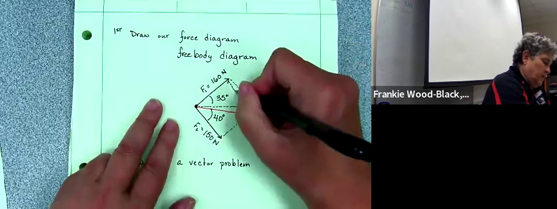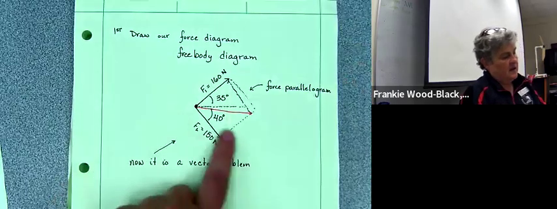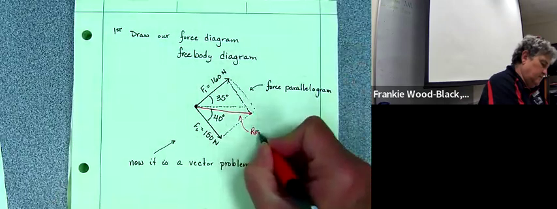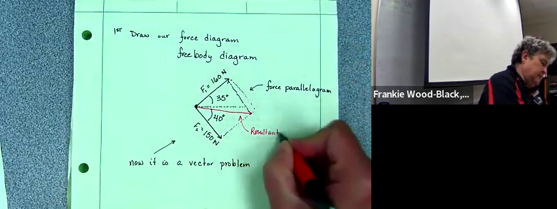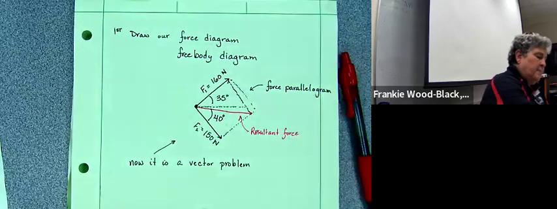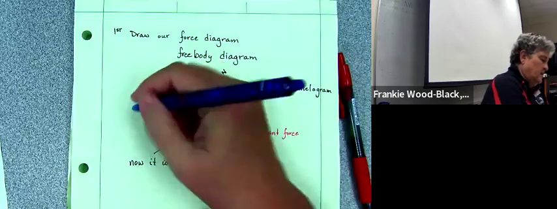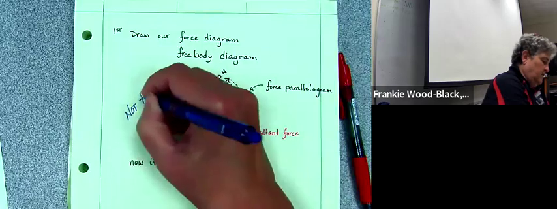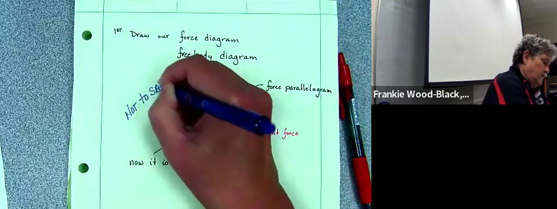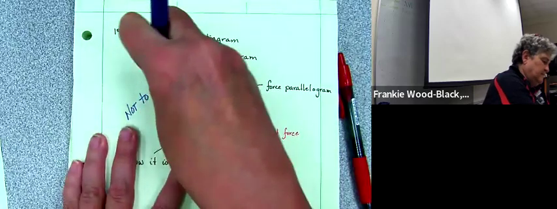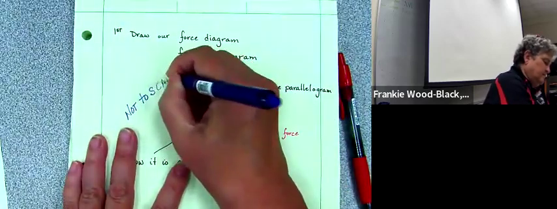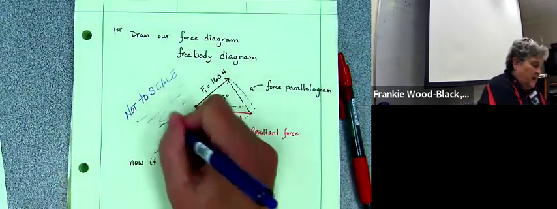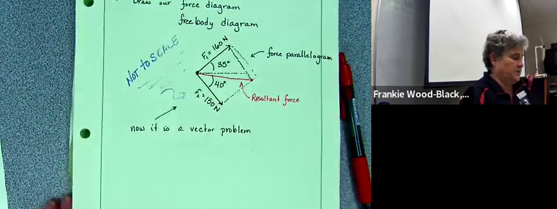I'm going to go ahead and draw my parallelogram to make it work this way. And that's our resultant force. And I'm going to boldly put on this note, not to scale, because that's just for representation purposes.